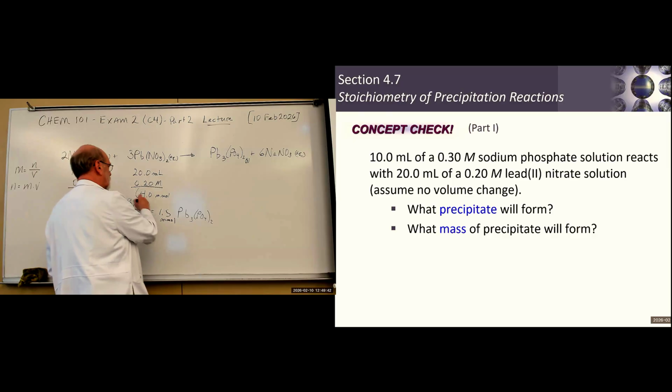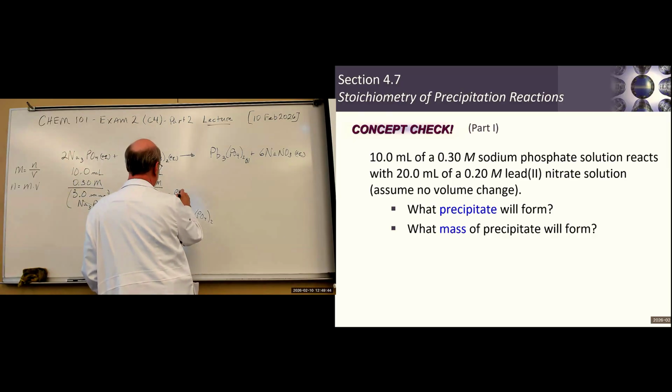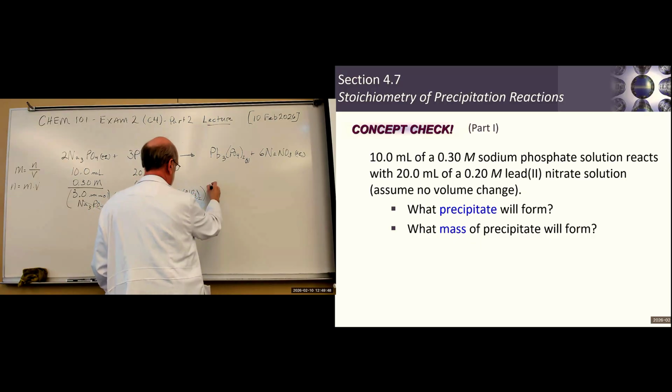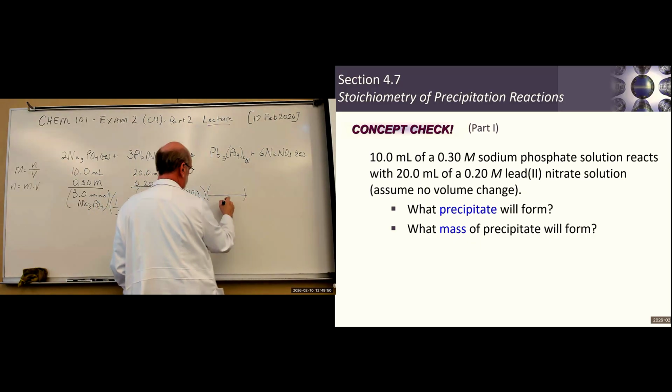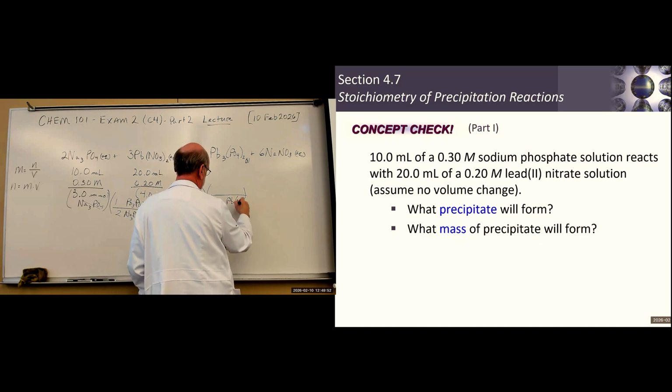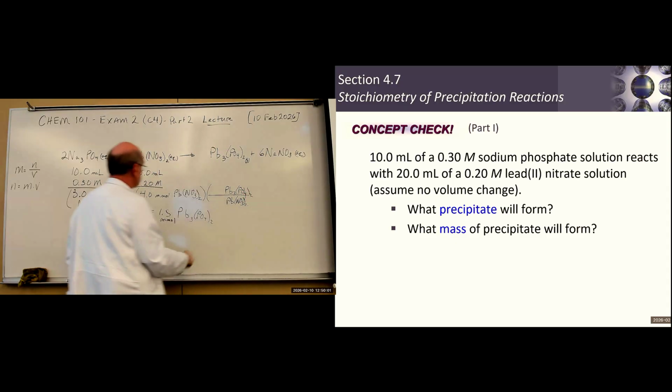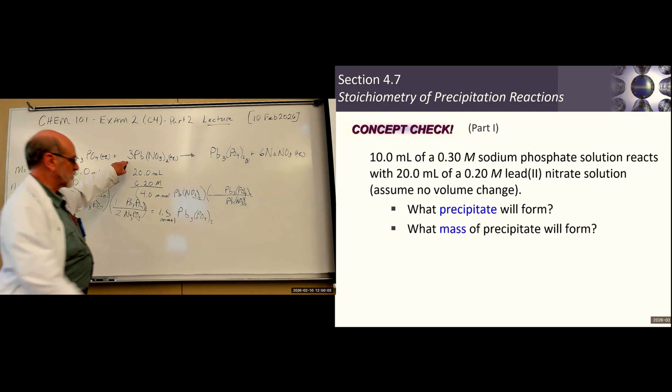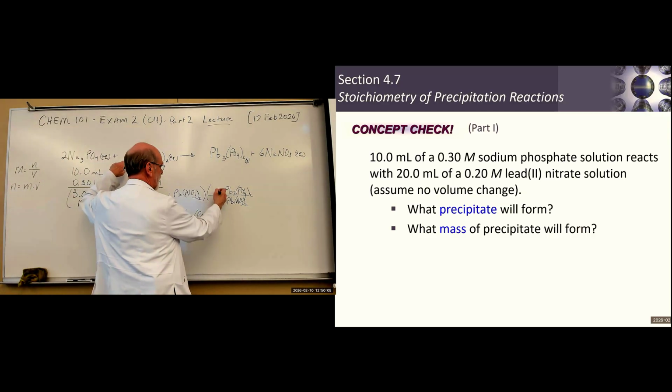Now let's do this one. This one is going to be that much nitrate. And we need a conversion factor now that'll get rid of this one and leave us with the same one. But this is a different conversion factor because different coefficients. Now this one is 3 and 1.